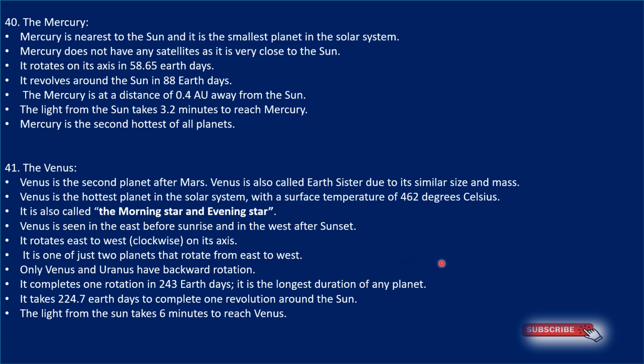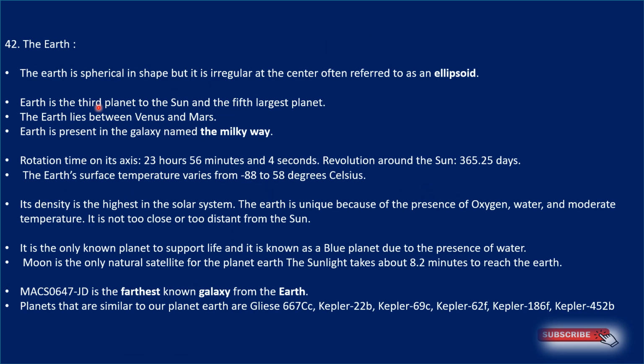Rotation is 243 Earth days. Revolution is 224.7. The light from the Sun takes 6 minutes to reach Venus.